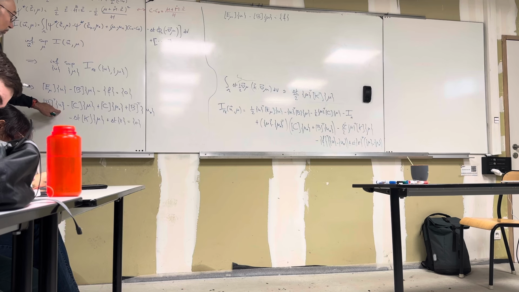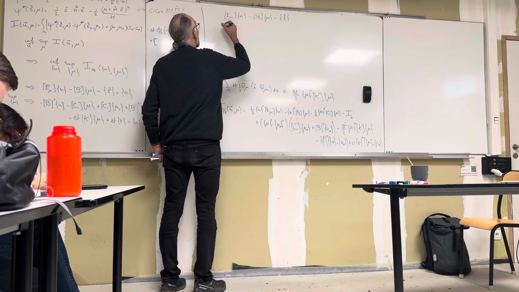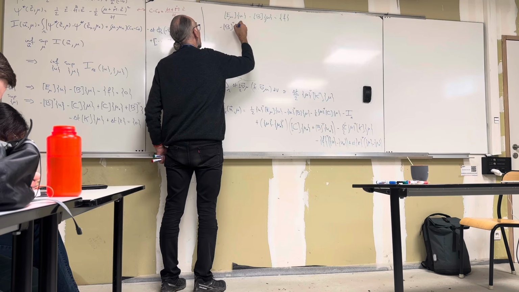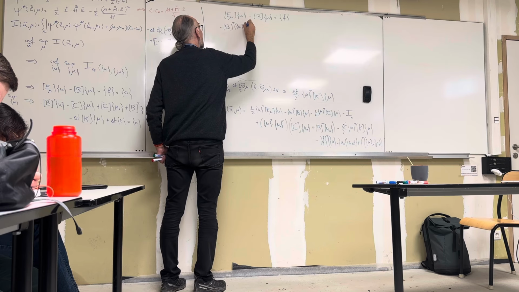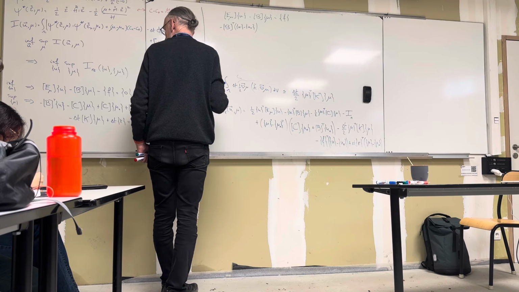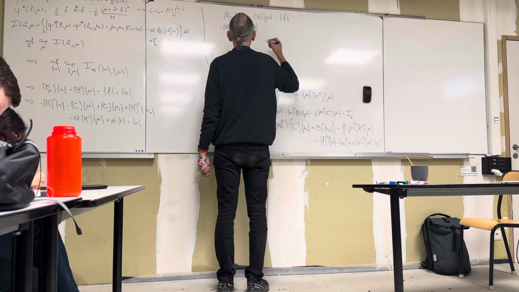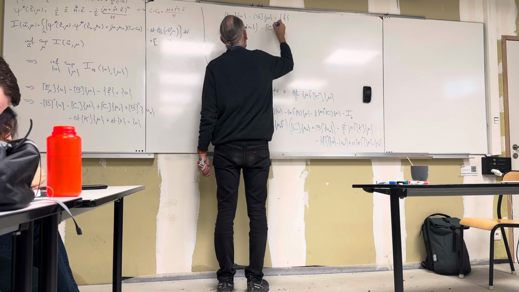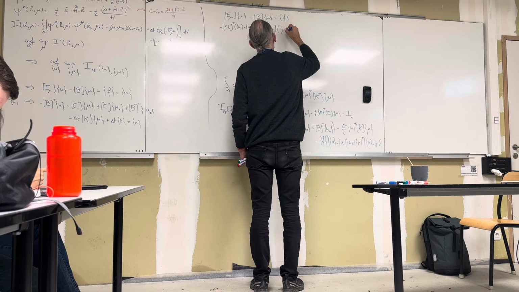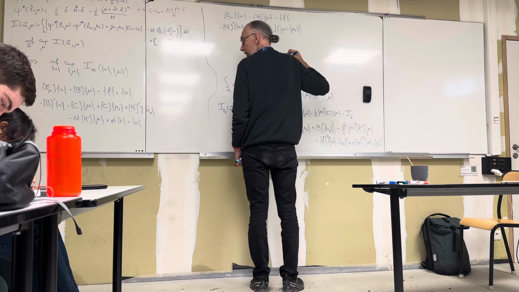So I've got the u minus un here, which is hidden. But same thing here with the C.